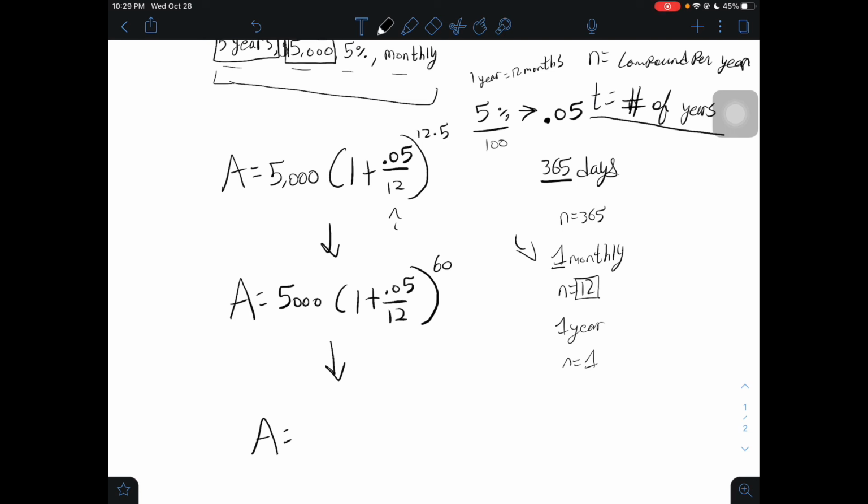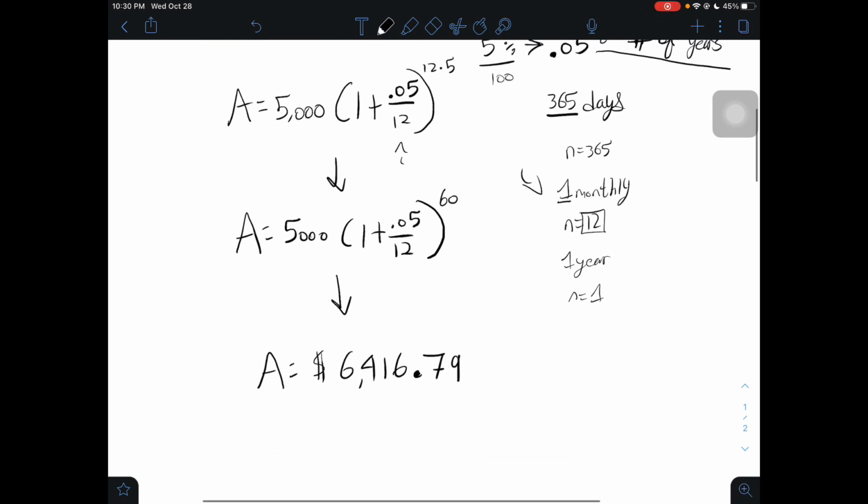The value we get back is what A equals, the total amount we get back after 5 years with the 5% interest rate compounded monthly and an initial investment of $5,000. And we get A equals $6,416.79.